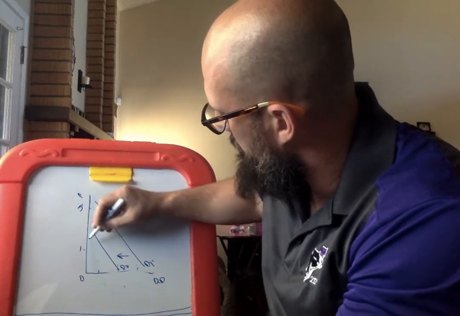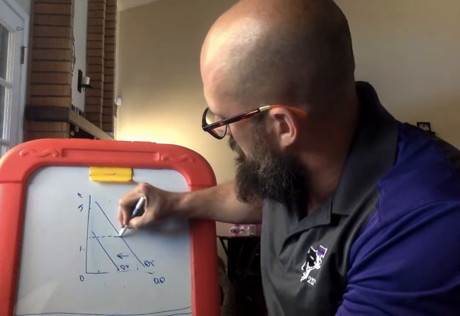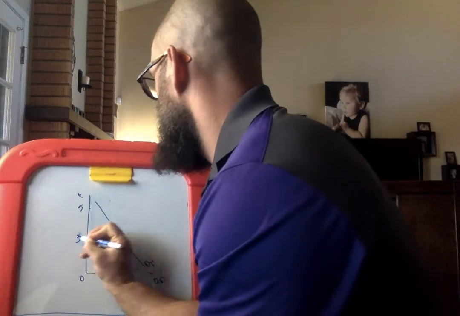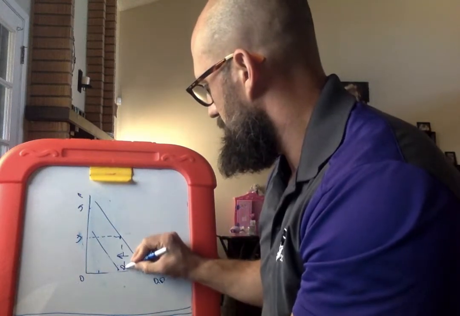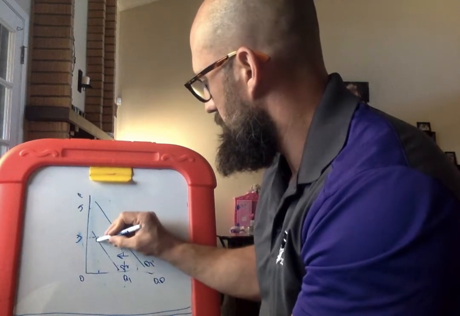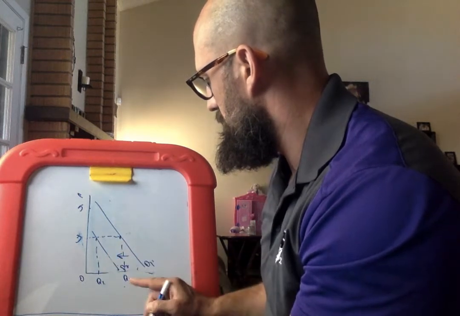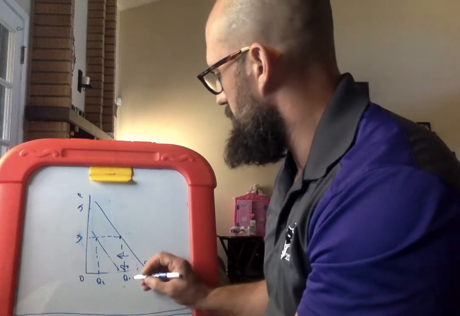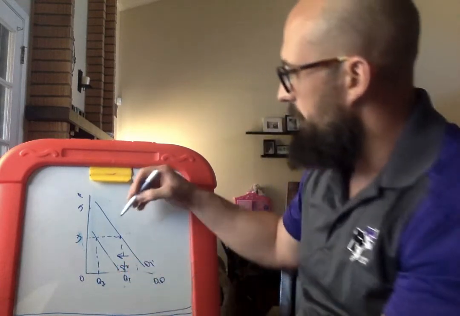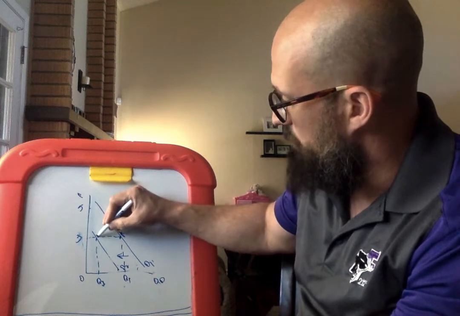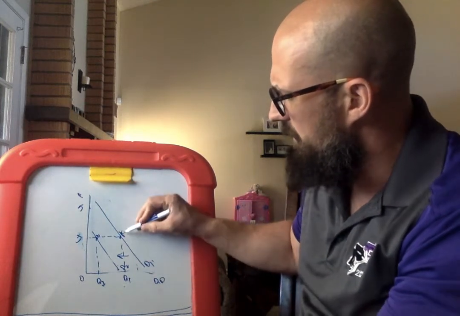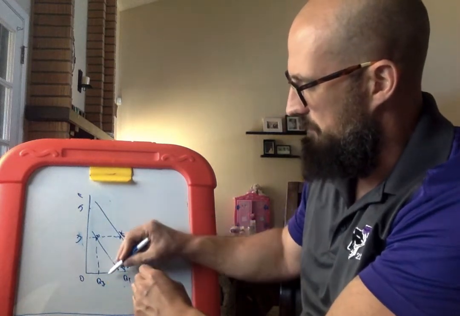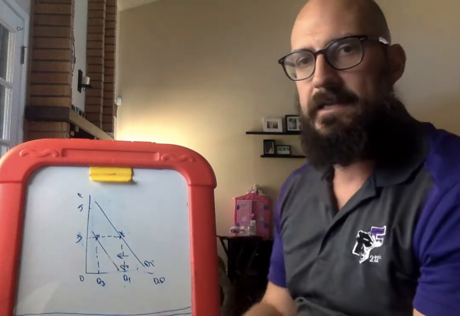At this price here, let's say this is $3, you can see at point A and point B, at quantity 1, that with the decrease in demand the price stays the same, but there are just fewer people wanting that particular product.